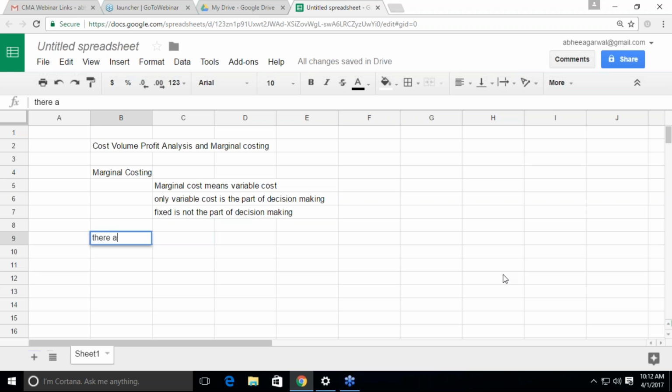There are three types of cost: variable cost, fixed cost, and semi-variable cost. What is a variable cost?